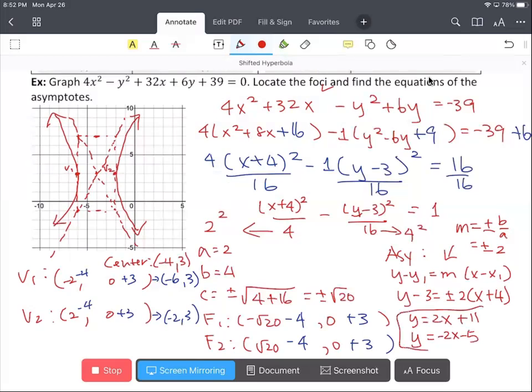And these are our asymptotes. The equation with the positive slope will be y equals 2x plus 11. And the other one we found has a negative slope, so it'll be y equals negative 2x minus 5.